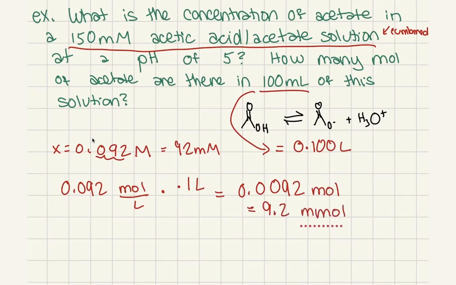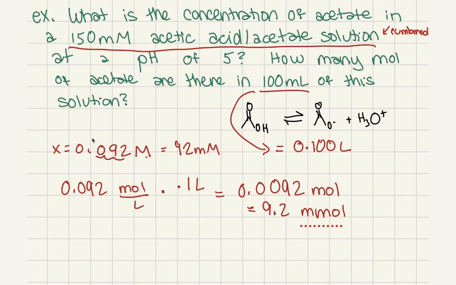But that would be how many moles of the acetate that we actually have in the solution, because we only have that 0.1 liters. If we had a liter, we would have 92 millimoles or 0.092 moles.